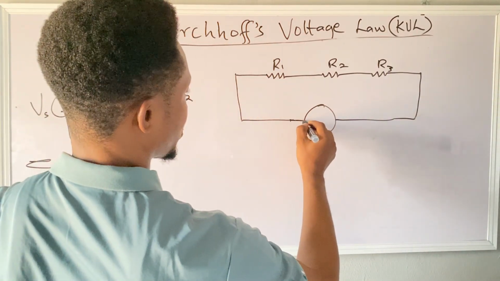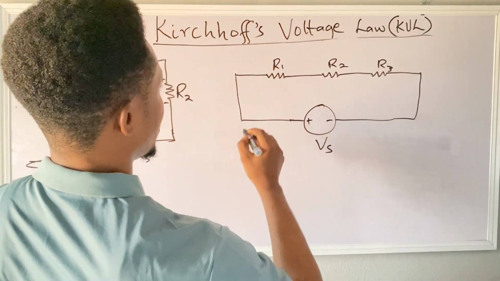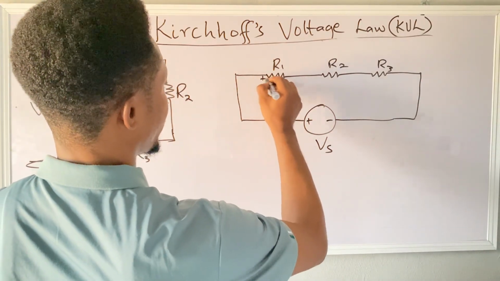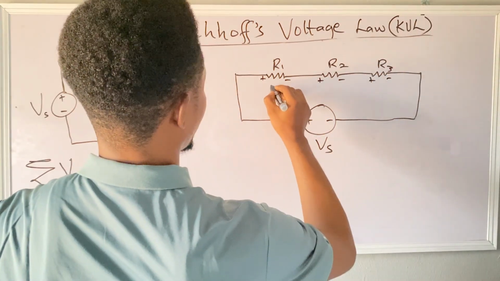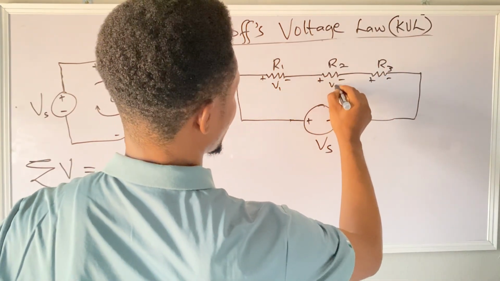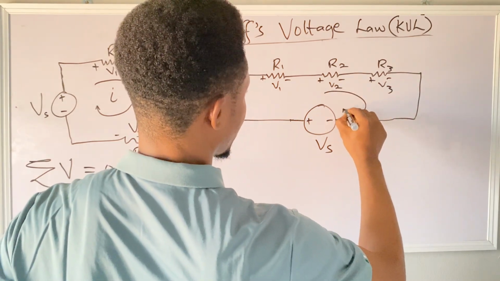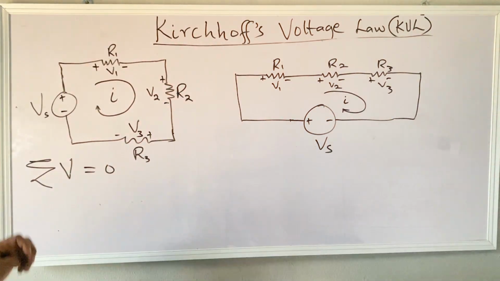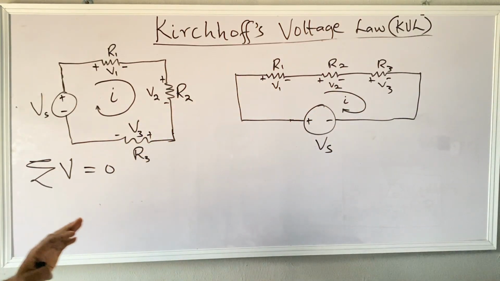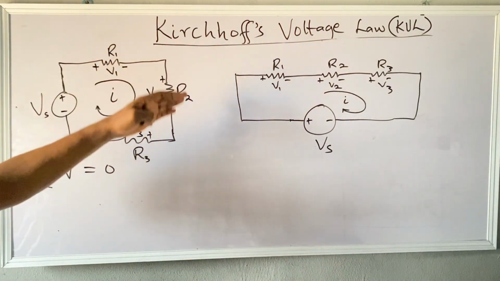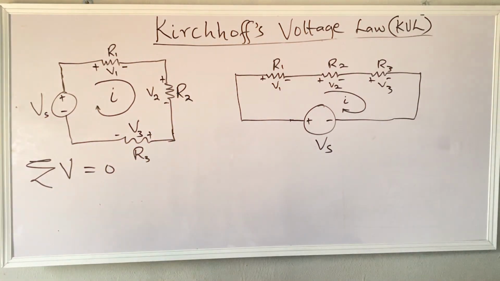If this is the positive end of the battery, this is negative, this is Vs. So this will become positive, negative, positive, negative, positive, negative. We call this V1, V2, and then V3. The current is flowing in this direction. This is I. So you can see that this circuit and this circuit are the same. The resistors are connected in series.